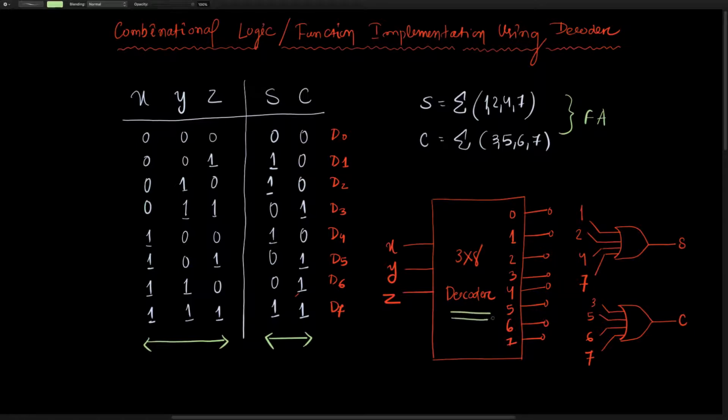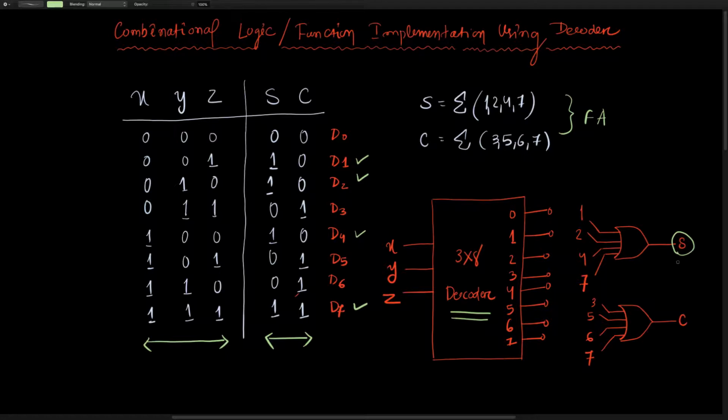Now what you have to do is, for whichever minterm configuration the output is 1, combine those outputs together in an OR gate to form the particular output. That is for the sum. If you consider the sum, we see that the function is defined for D1, D2, D4 and D7.